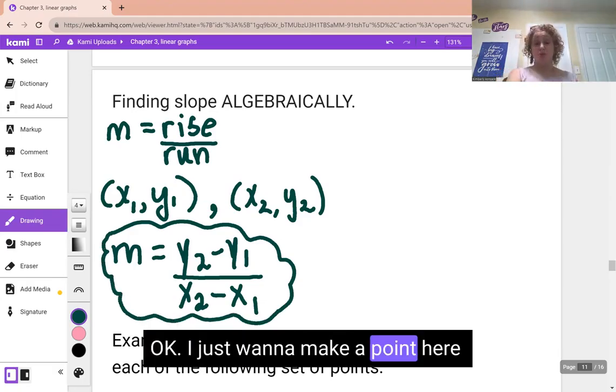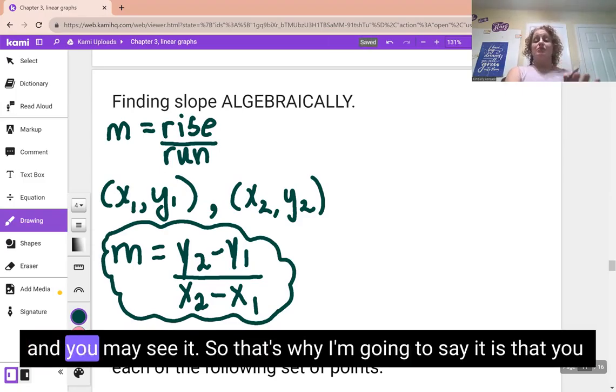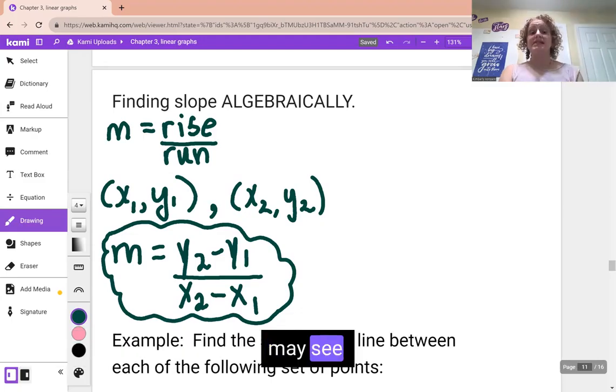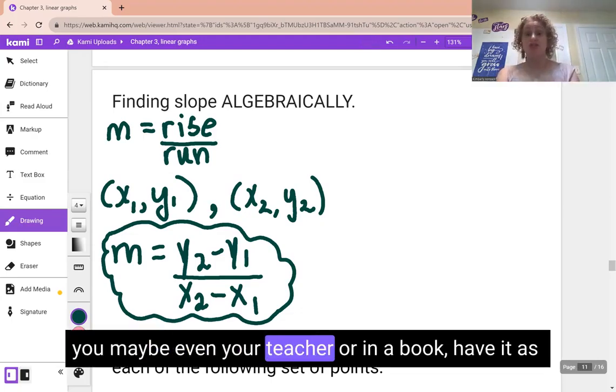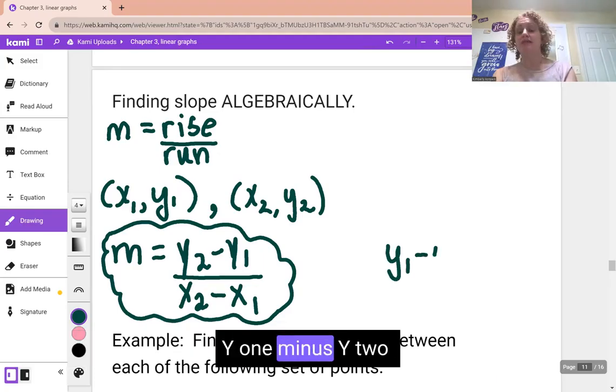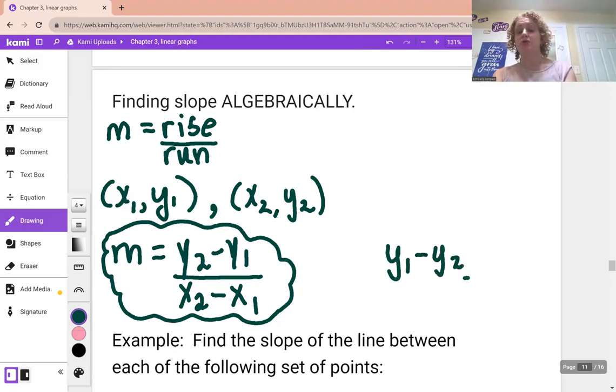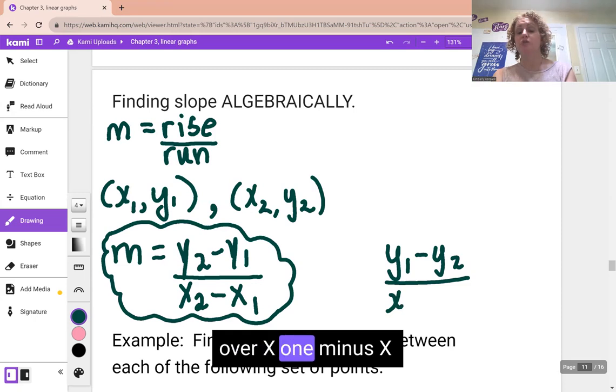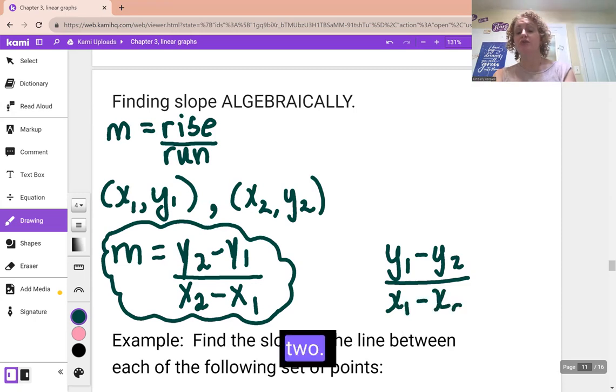I just want to make a point here, and you may see it, so that's why I'm going to say it: you, maybe even your teacher or in a book, may have it as y1 minus y2 over x1 minus x2.